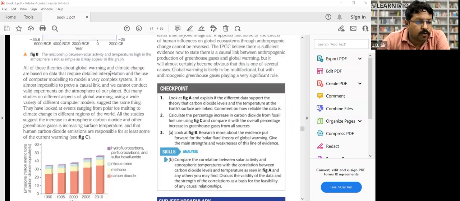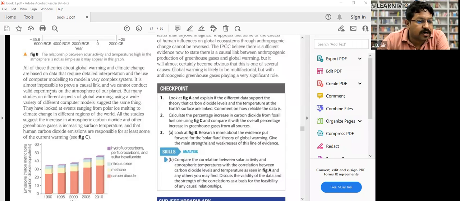All these theories about global warming and climate change are based on data and require detailed interpretation and the use of computer modeling to model a very complex system. It is almost impossible to prove a causal link.